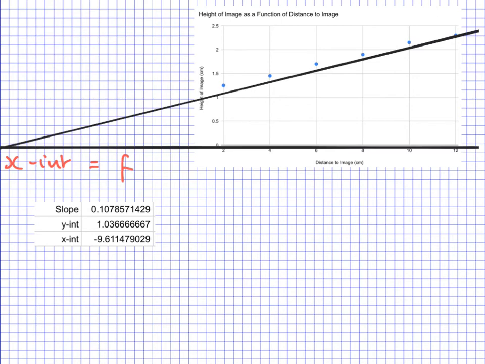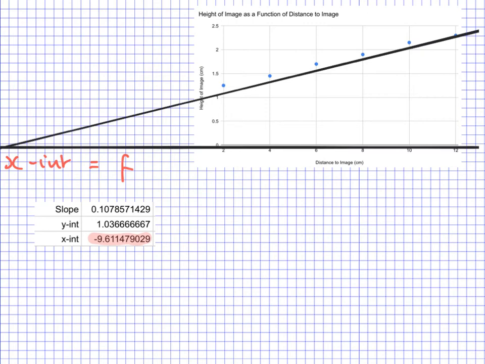And so when you get the x-intercept using the software, you're going to get 9.6. And it's a negative, of course, because it's to the left of the lens. It's behind the lens, if you like. So that makes sense. It's a negative.